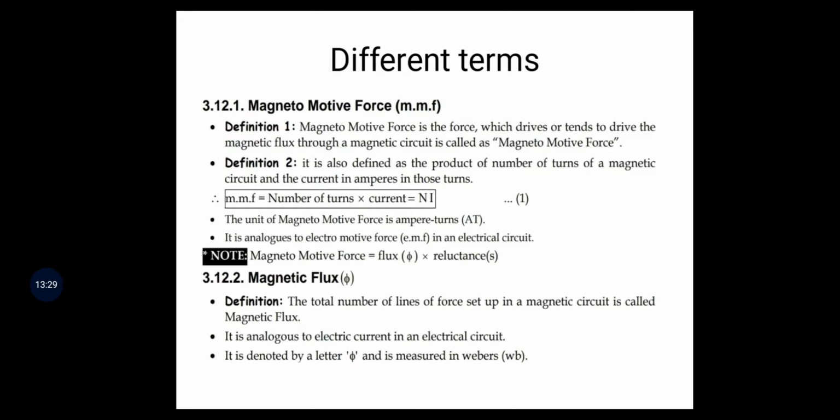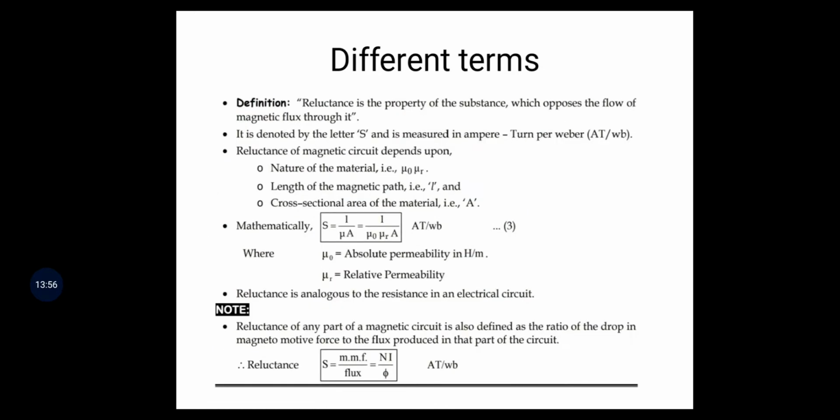The magnetic flux is denoted by phi, and the unit of magnetic flux is Webers. So what do you mean by magnetic flux? The total number of lines of force set up in a magnetic circuit is called magnetic flux.